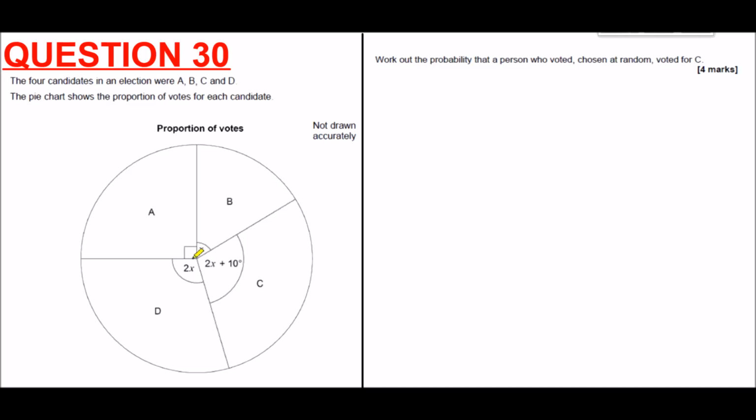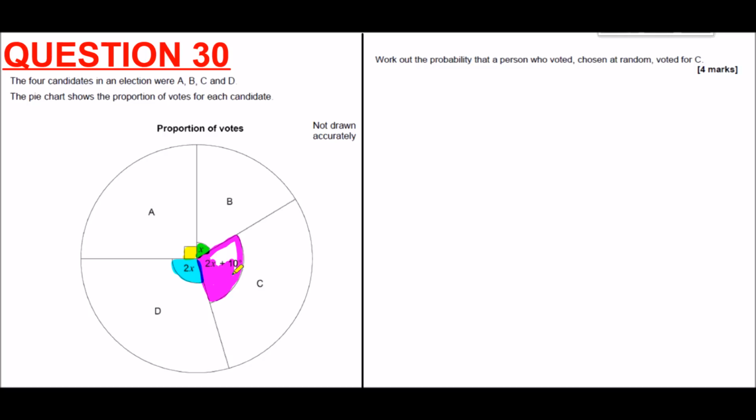And so what I'm going to do here is just colour code for different bits on this pie chart. So we've got an x here. Over here we have a 2x. And the biggest sector has an angle of 2x plus 10. Now we need to remember some angle facts, in particular angles in a circle.